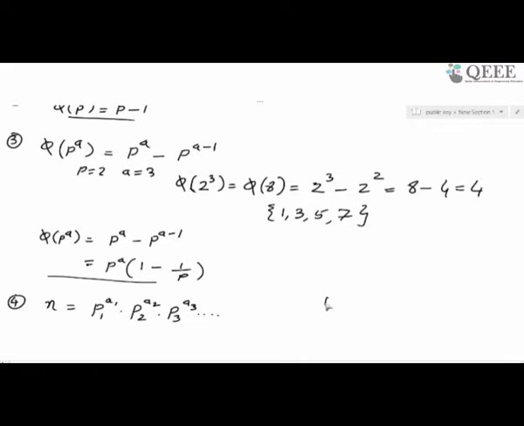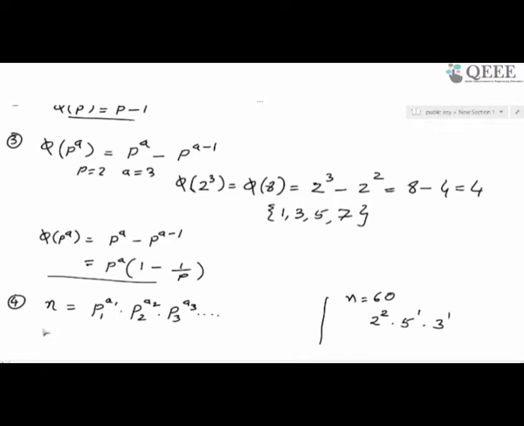Just to give you an example, let's say n is equal to 60. You factor n into its prime powers, so that is 2 squared into 5 to the power of 1 into 3 to the power of 1. 5 into 4 is 20, 20 into 3 is 60.